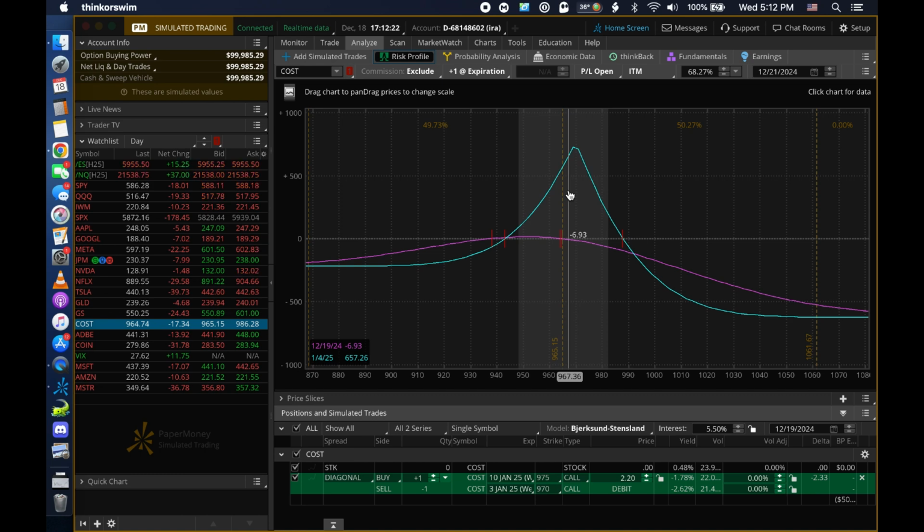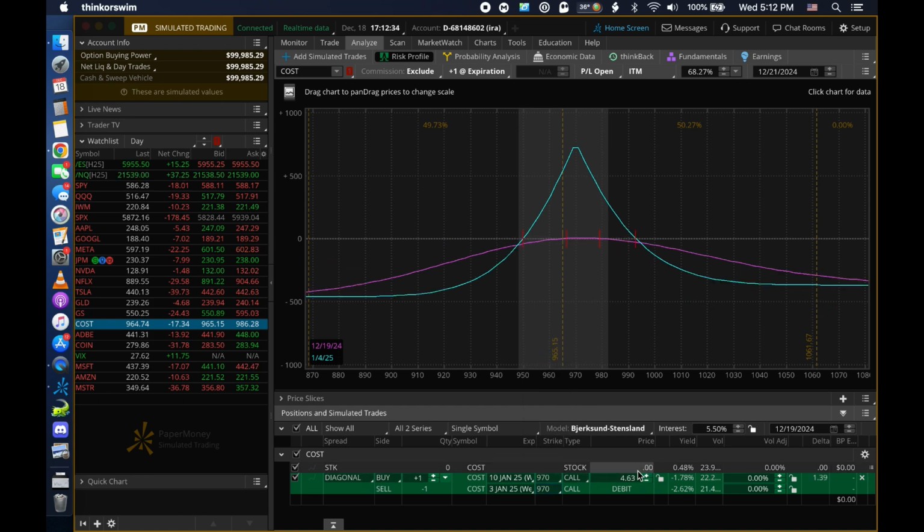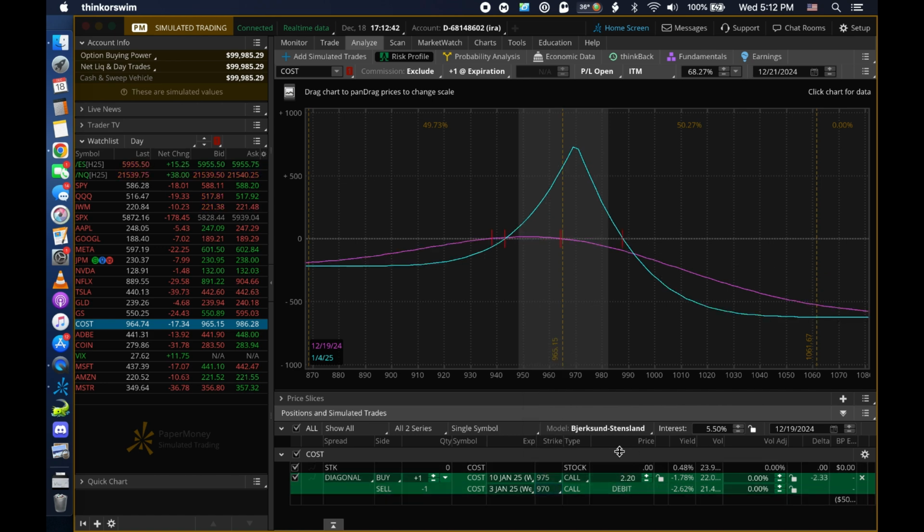Remember that calendars, we use at the money options that are the same strike. So for example, if I switch this to the 970, you can see that our debit has gone up to $4.63. And if I move it slightly further, it has gone down to $2.20.